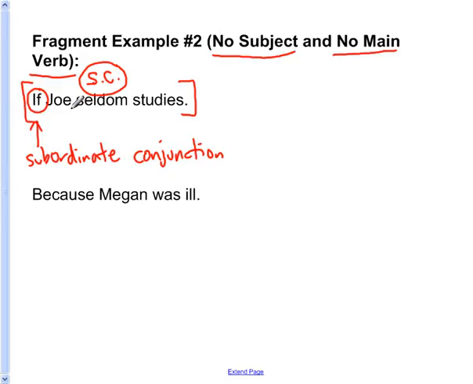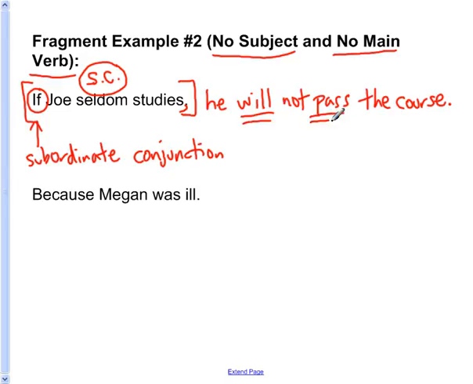So we could say, if Joe seldom studies, comma, he will not pass the course. So now will pass is our verb, and he is our subject. So now we have a complete sentence.